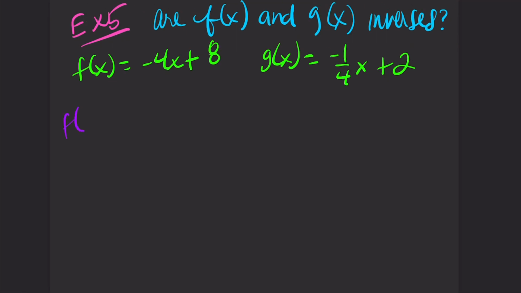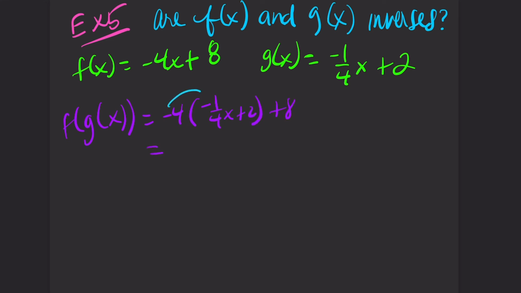So I'm going to try f of g of x. I'm going to put g of x inside of f of x. So I'm going to put all of this every time I see an x. So I'm going to simplify.